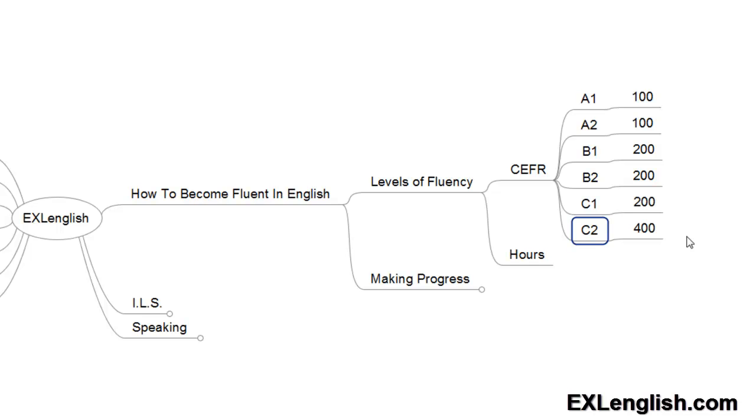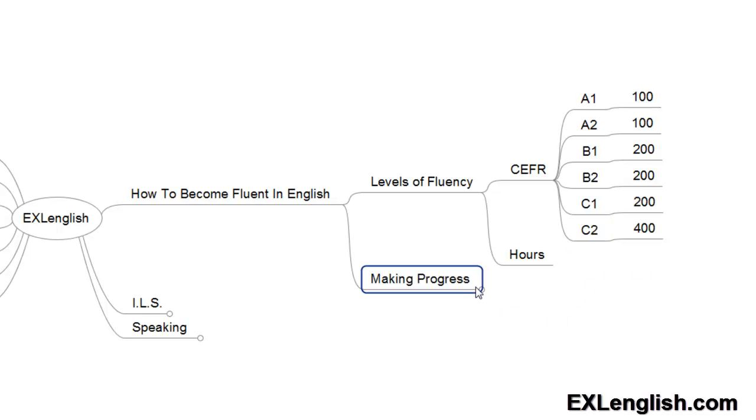It would probably be easier for someone who speaks German to learn English than someone who speaks, say, Chinese, for example, because it's a totally different language root. So all told, you could possibly go from level A1 to C2 in about 1,200 hours of study time. Okay? So that's just to give you an idea.